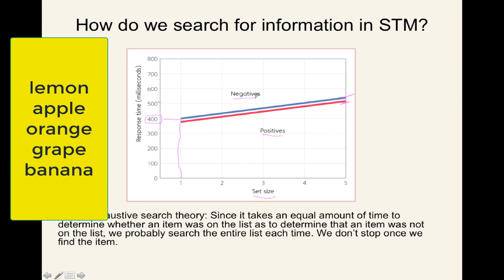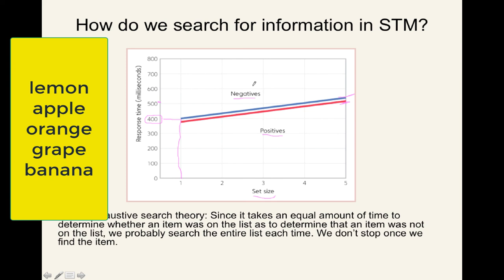A negative is that the word is not on the list, maybe peach. This part's a little surprising because you would think if you're looking for lemon, more often than not, lemon might be the second item you look for, or third or fourth. It might be earlier on in your search, and you might come to it and then stop your search and say, hey, okay, yes, I do remember reading the word lemon.